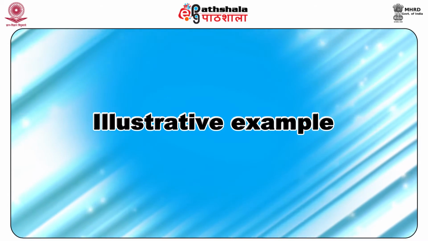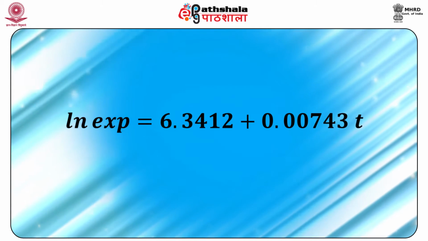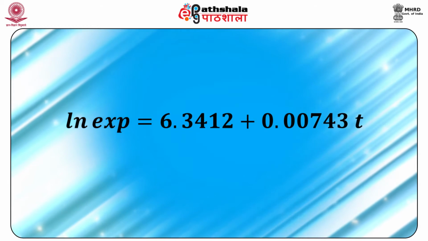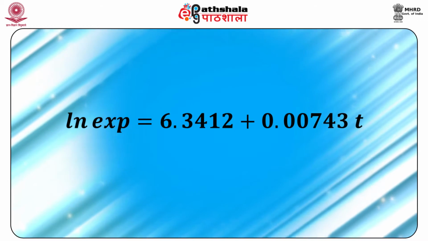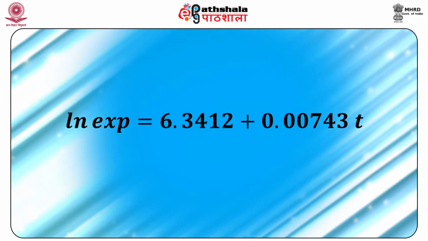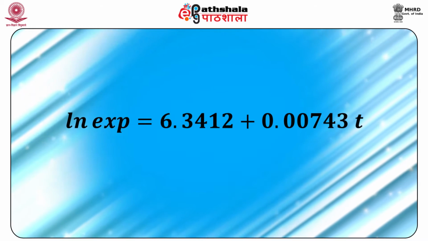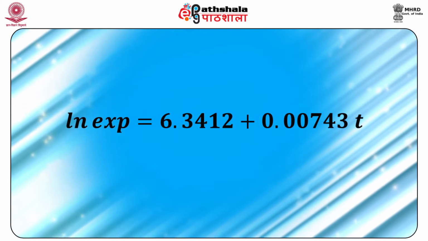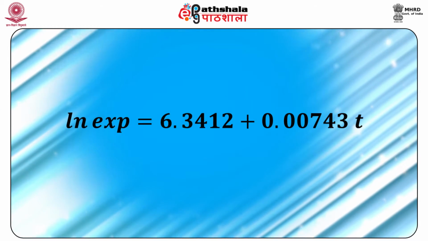Let's take an illustrative example. Consider the regression result for growth rate of expenditure on private consumption over a period 1990 to 2010. In that case, the estimated equation is ln exp is equal to 6.3412 plus 0.00743 t.